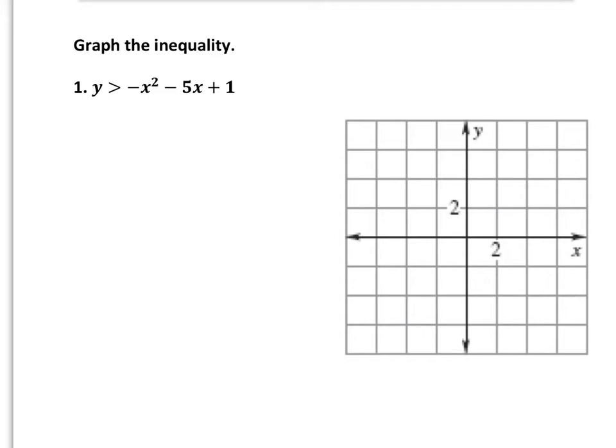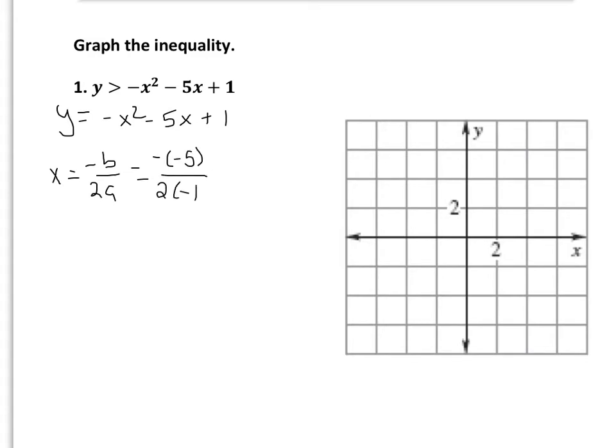So graph the inequality. First step, change it to an equation. So we need to graph this. Okay, so remember the vertex: x equals negative b over 2a. So calculate that, and you would get negative 5 over 2, which is negative 2.5, and then plug that in.